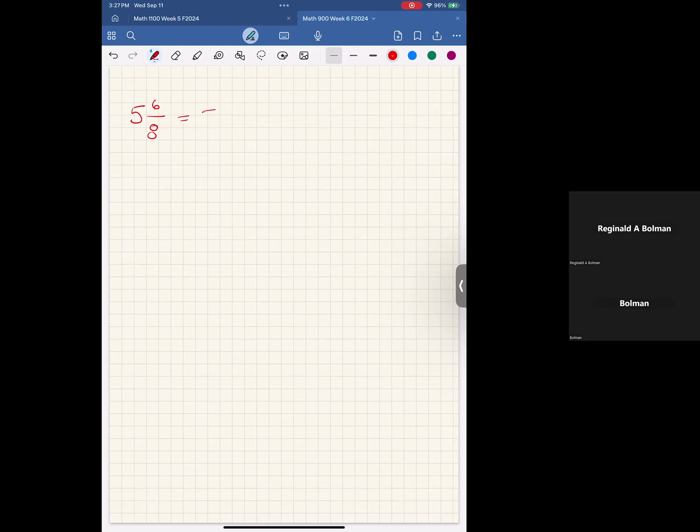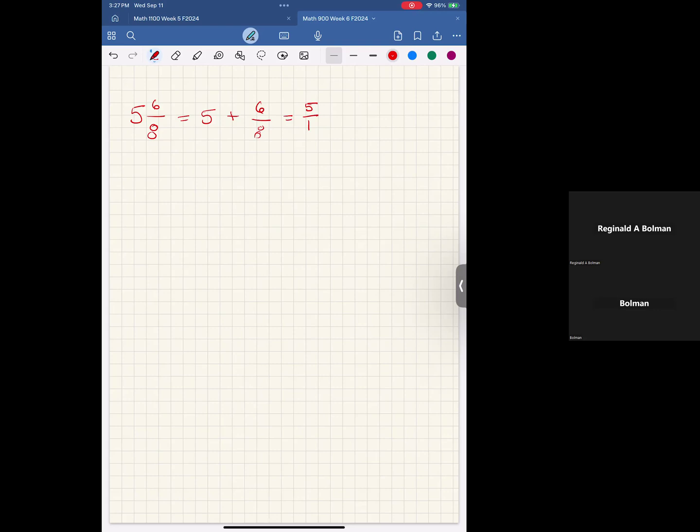Method number 1, which is the long way, would have you convert the mixed number to what it literally represents. The mixed number 5 6/8 represents 5 whole pieces plus 6/8. And at this point, we would have to remember that anything is the same thing as itself divided by 1.